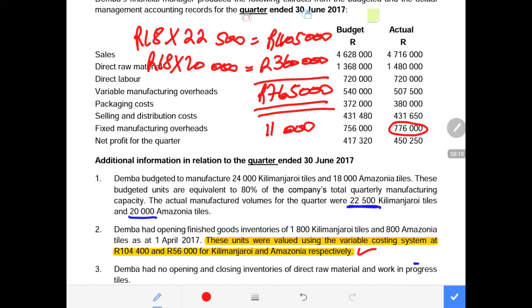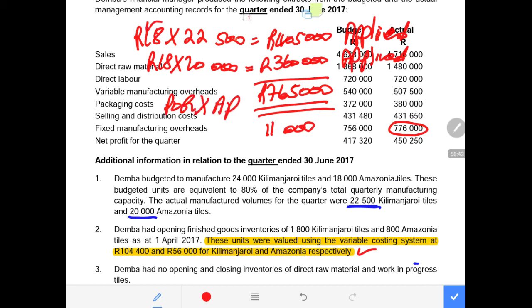What have I just done? Remember, for me to calculate what we call applied, meaning we are calculating our cost based on the actual figures. We say POR times actual production.